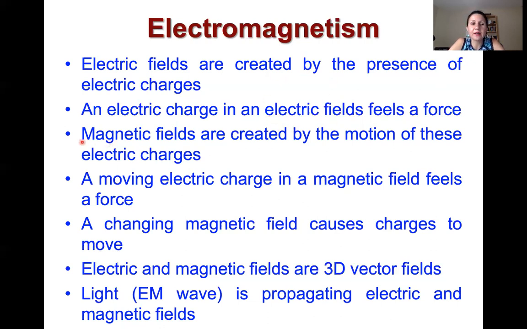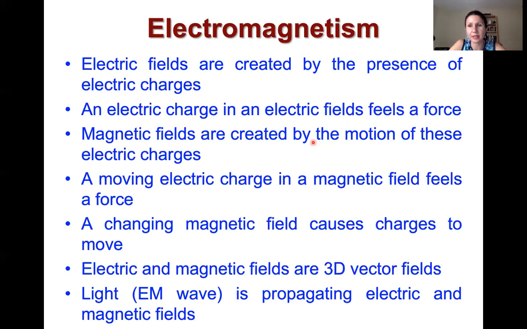Now, then we went on to talking about magnetic fields. And although at first, from our daily experience, we think of them as very separate things, it turns out that the sources of these two fields, electric and magnetic, are both electric charges. So magnetic fields are created by the motion of these electric charges.